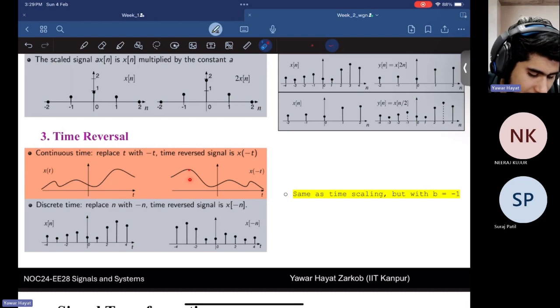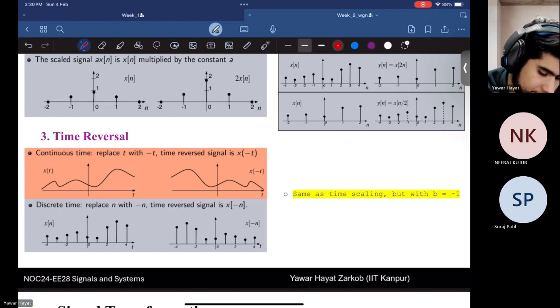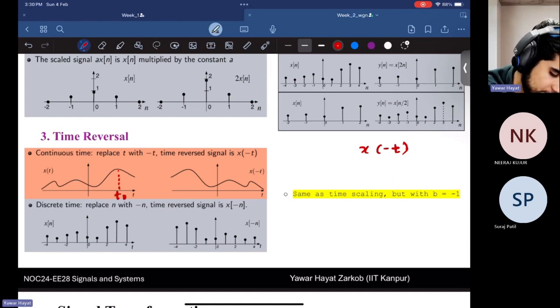It would be on this side, because earlier we had x of t, and now we are interested in finding x of minus t. Let us suppose we had some value, say this is A.